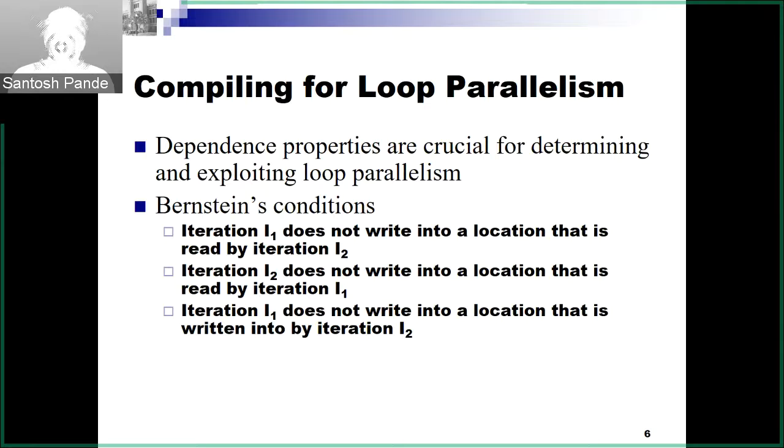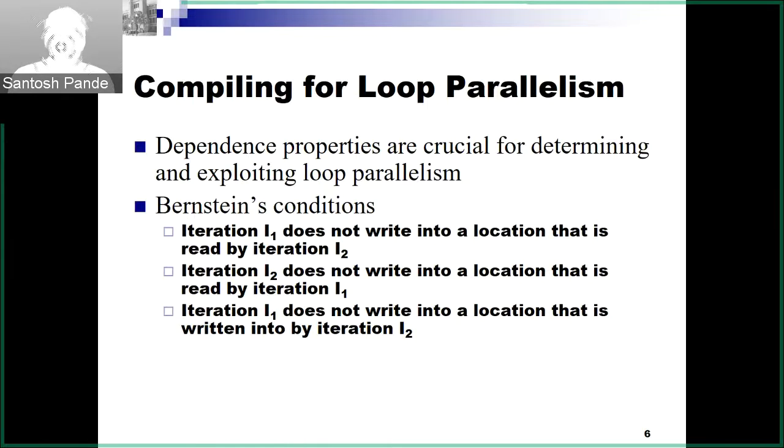One way to parallelize it would be to take different iterations and give them to different processors and execute them in parallel, so that we don't hold back and continue to speed up the loop.